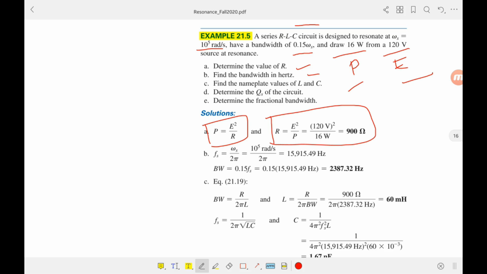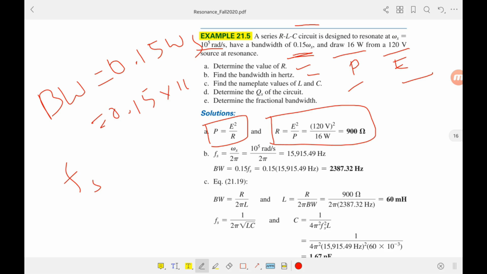Then find the bandwidth in hertz. First of all, we need to calculate the bandwidth. The bandwidth is given here as 0.15 omega s, and what is the value of omega s? Omega s equals 10 to the power 5. So 0.15 times 10 to the power 5, and it is in radian per second. But you have to calculate it in hertz.